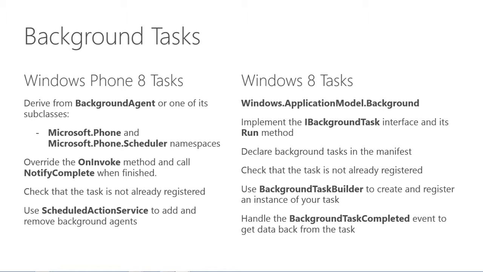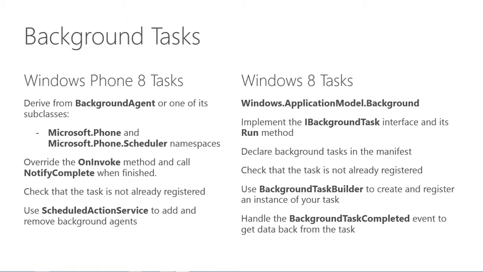You should always check that your background task is not already registered, and if it is, you deregister and then re-register. I'll show you how that works in a couple of seconds. And you would use the ScheduledActionService to add or remove background agents once you've defined what they're doing.